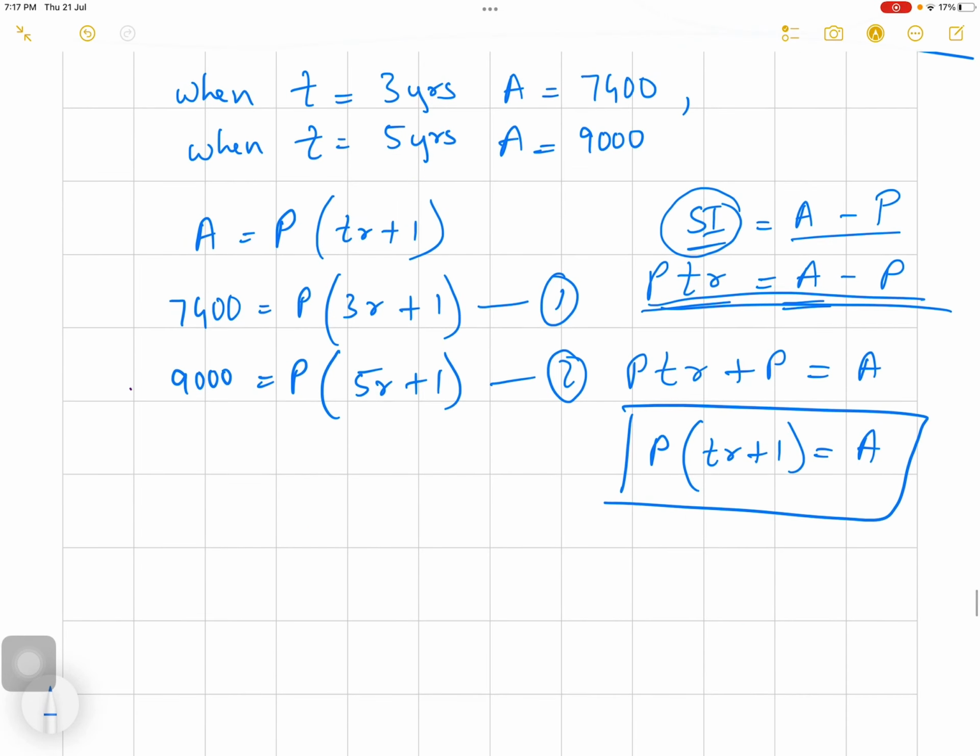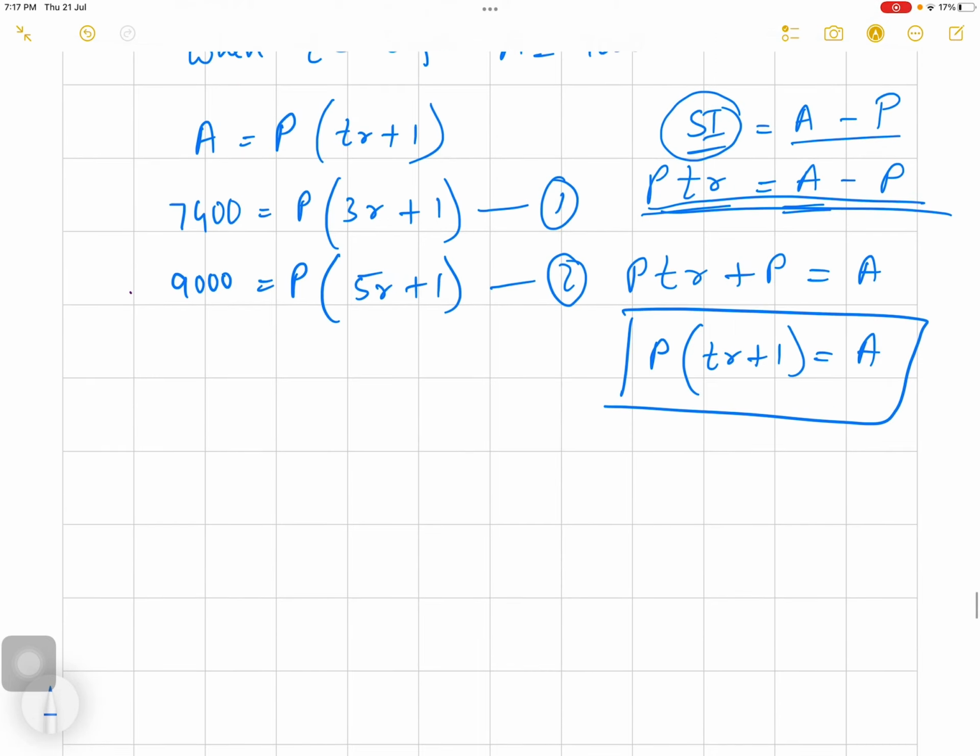Now we have two equations. Let us divide the second equation by the first equation.